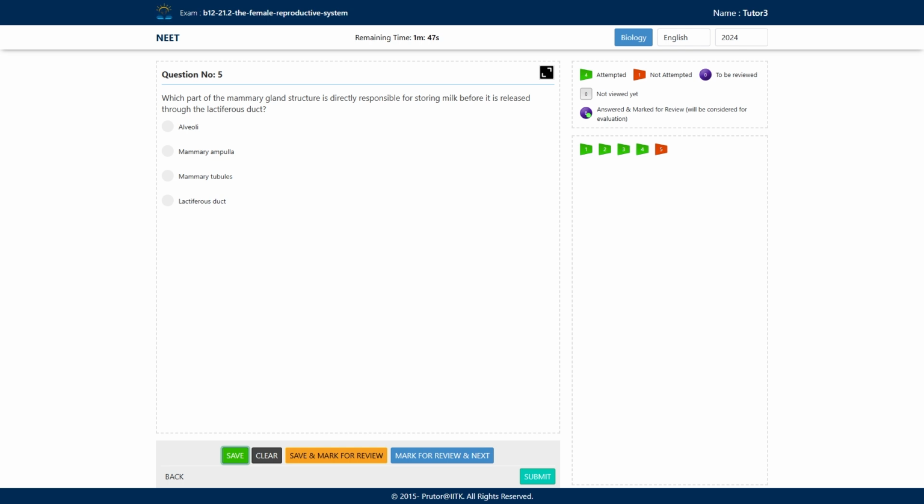A is alveoli, B is mammary ampulla, C is mammary tubules, and option number 4 is lactiferous duct. I have told you the milk reaches the lactiferous duct, and through it the milk is sucked out. So what will be the correct answer here?